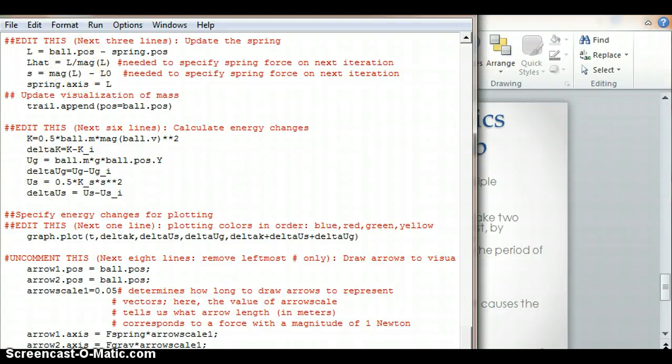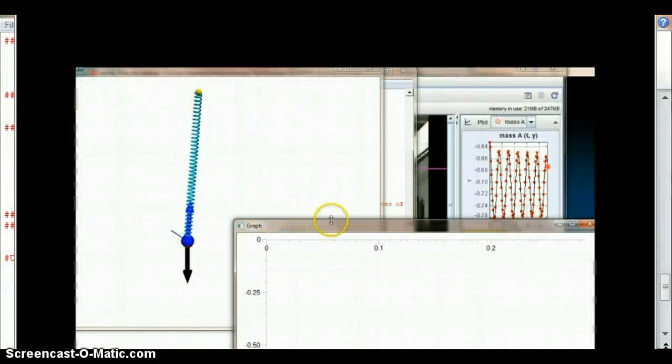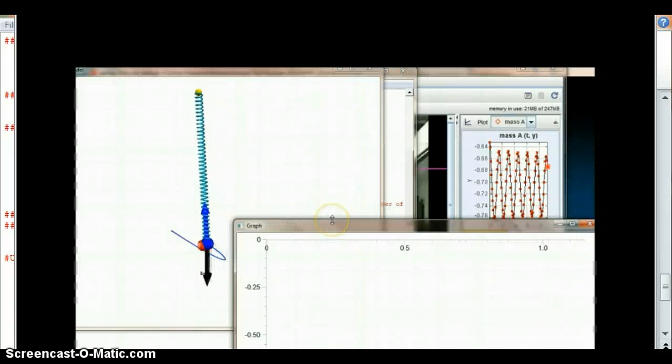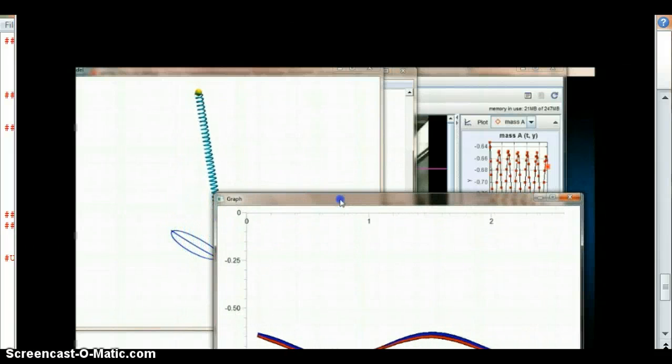When we run it, we will see we have a graph formed, where the red line shows the actual object position, and the blue line shows the computational one.